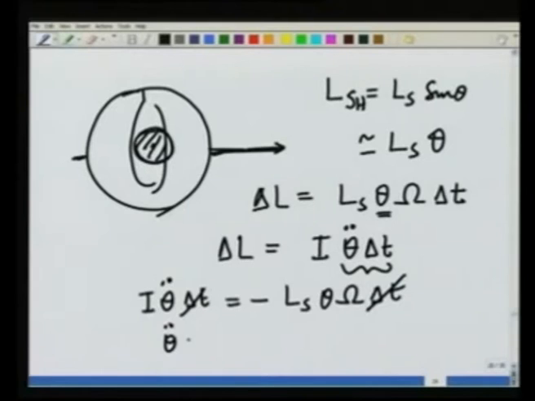Theta double dot plus Ls omega over I theta is equal to 0.